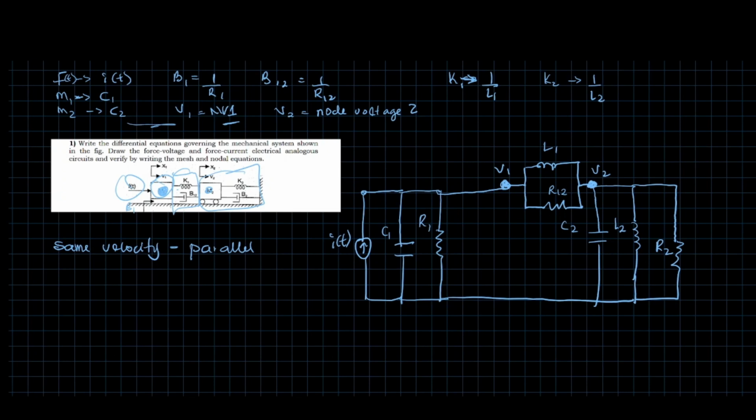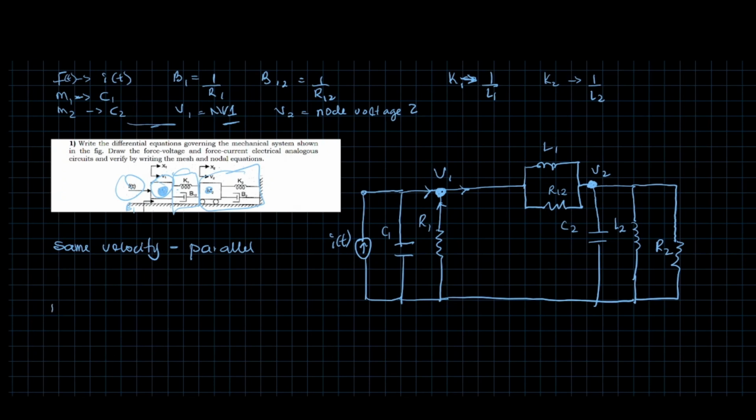Now to write the equations, I'm going to use KCL, the sum of currents at your nodes. The sum of current entering the node is equal to the sum of current exiting the node.